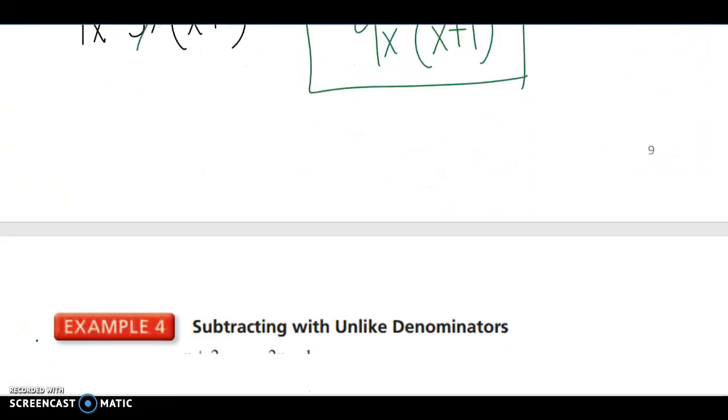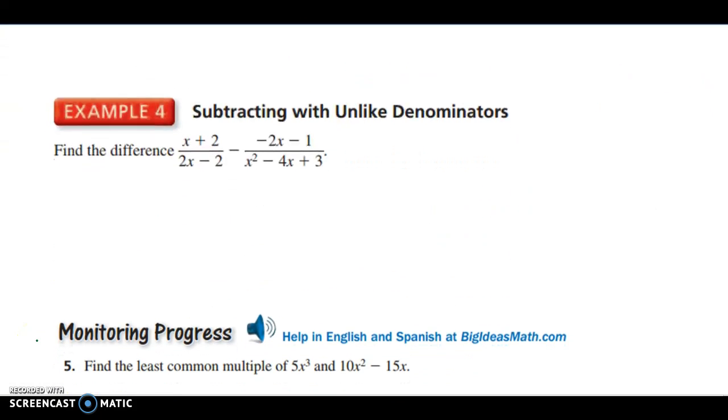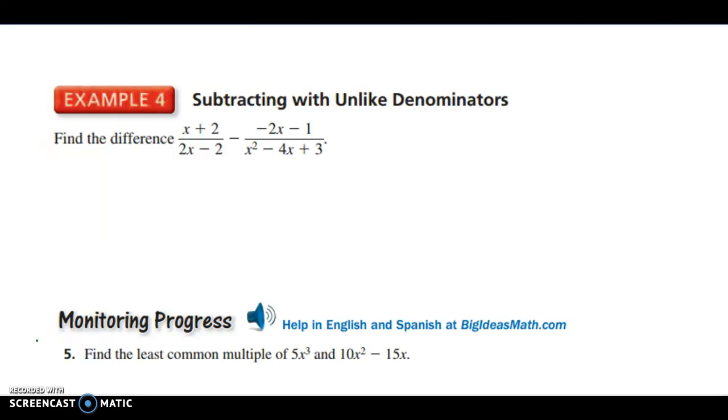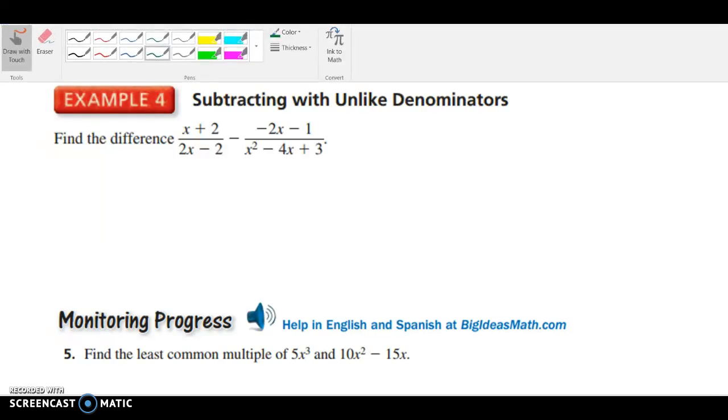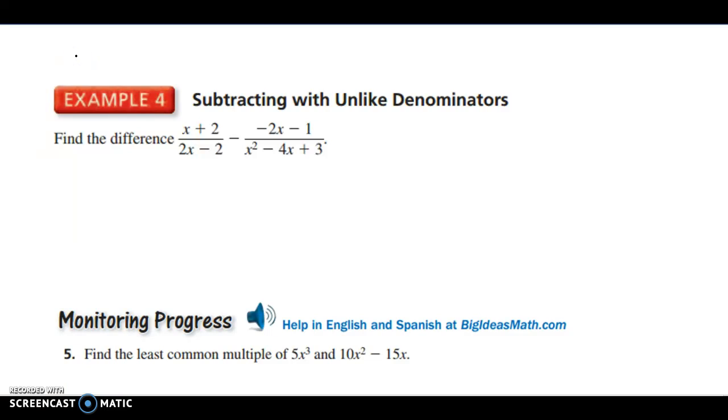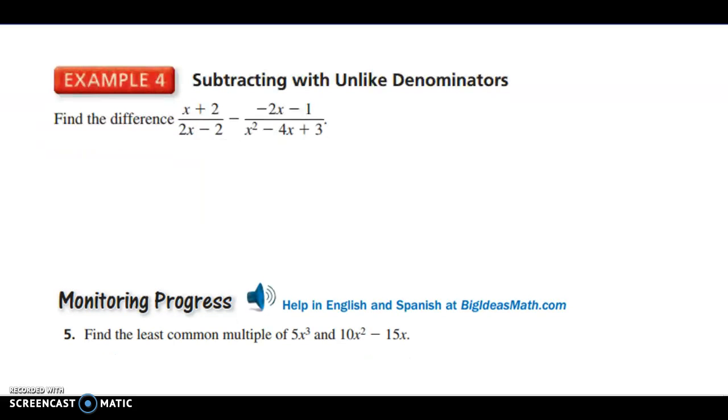Moving on to example 4, we're going to subtract with unlike denominators. So this is similar, but instead of adding, we're subtracting. To start this off, I'm going to rewrite my values here. In order to do that, I'm going to say x plus 2, that'll stay the same.